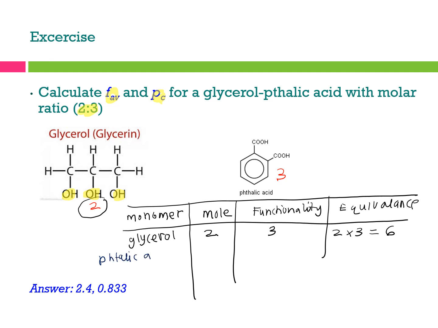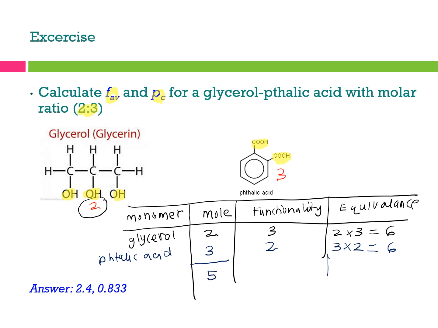Finished with the first monomer, then you write the second monomer, which is phthalic acid. The number of moles for phthalic acid is 3. For the functionality of phthalic acid, you have a carboxyl group here and another carboxyl group here, so you have 2 functionality, and the equivalent is 3 moles times functionality, 3 times 2, so you get 6. Then find the total number of moles, 3 plus 2, you have 5.